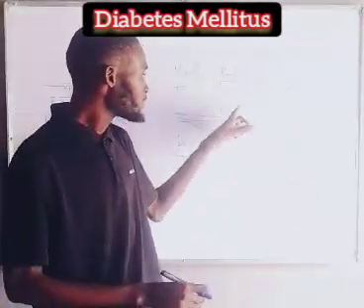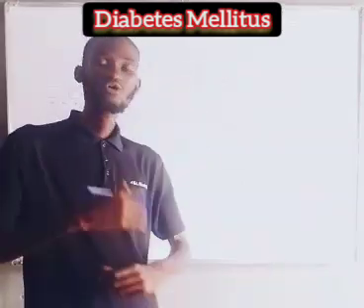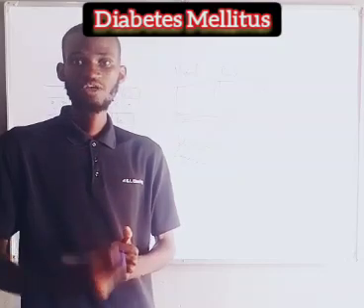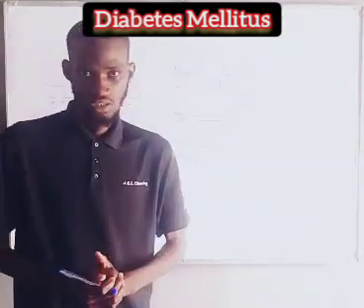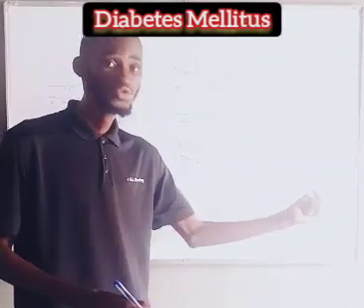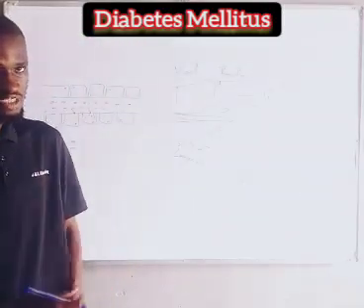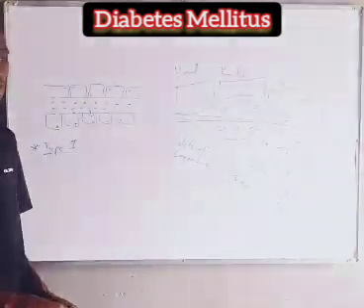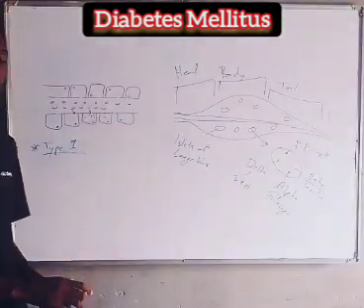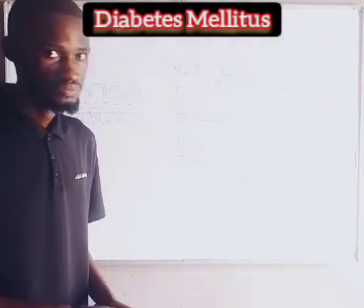Once the pancreas has been attacked, the beta cells have also been attacked, and they fail to perform their normal metabolic function of insulin secretion. That brings about low or no insulin secretion, and that will bring about an elevation in the blood glucose levels, leading to a state of hyperglycemia.